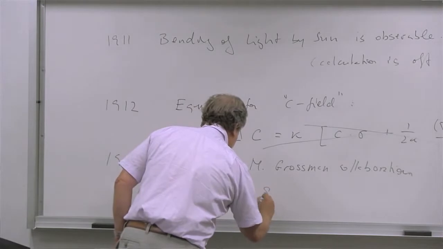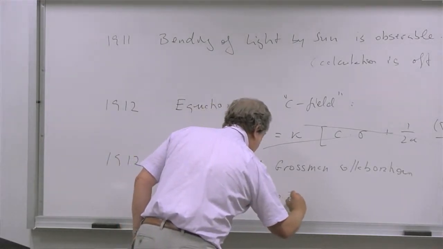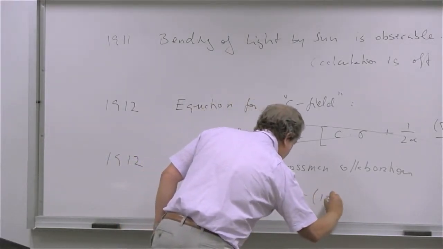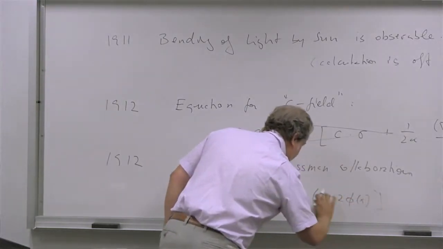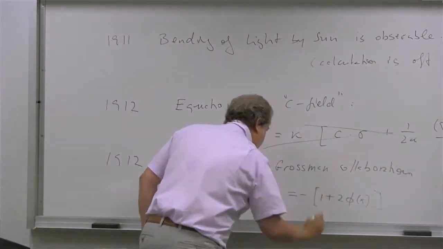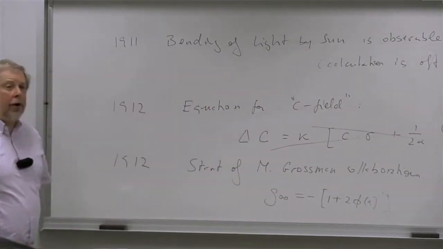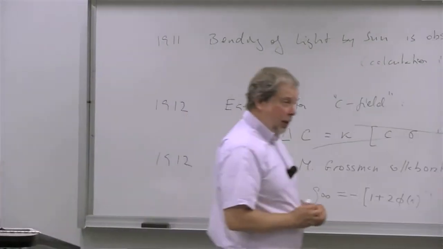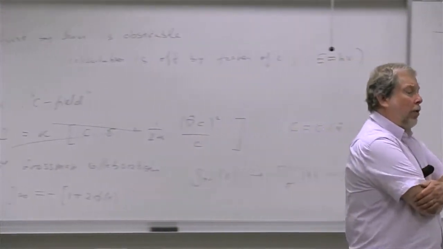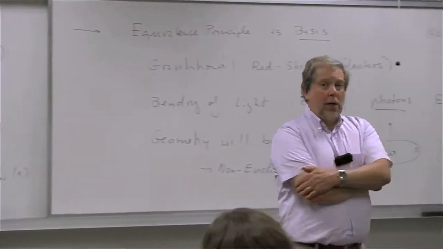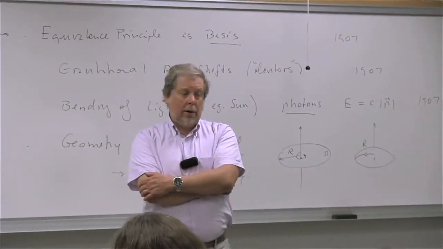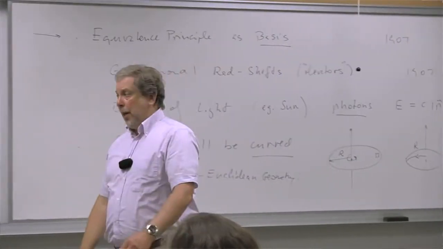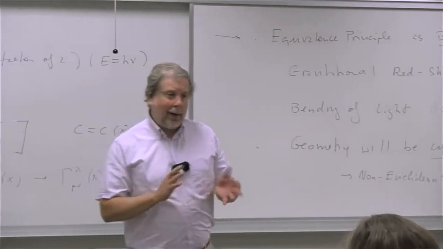And they find that it's the G naught naught, which is minus 1 plus 2 phi of x, right? That it's the naught naught component that appears in the Newtonian theory. So the Newtonian theory contains, in fact, one piece of that metric, but it's just the naught naught component. And then there's more which are entirely new, right?